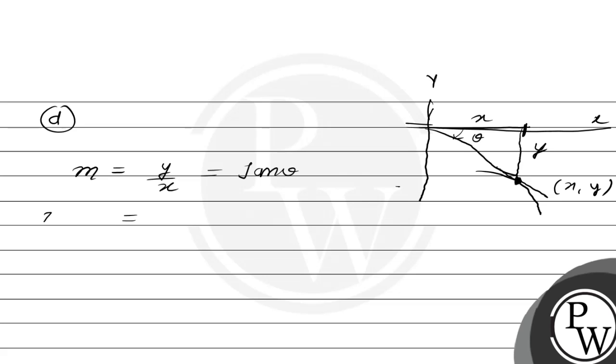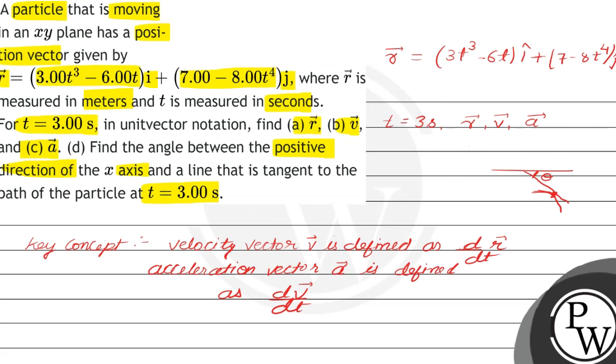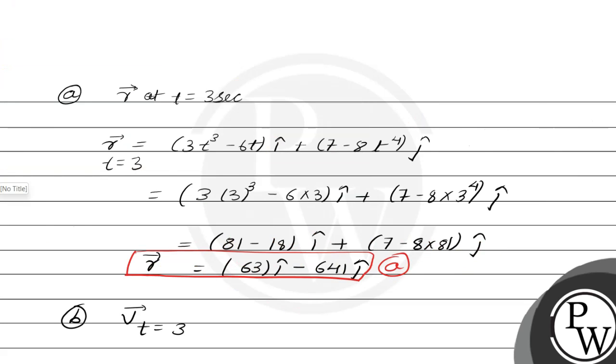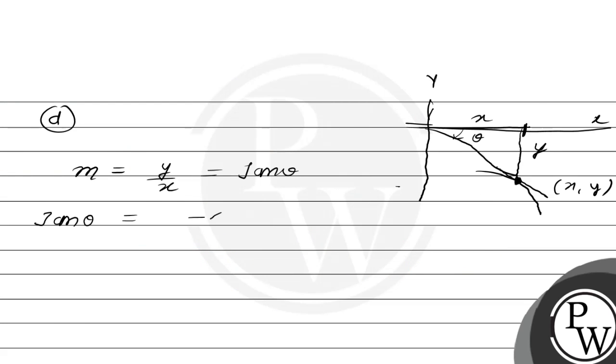Now at time t equals 3 seconds, what will be its y value? Its y value was minus 641, and its x value 63, and theta equals tan inverse of minus 641 upon 63. From here we will get theta as roughly equals minus 84.28 degree.